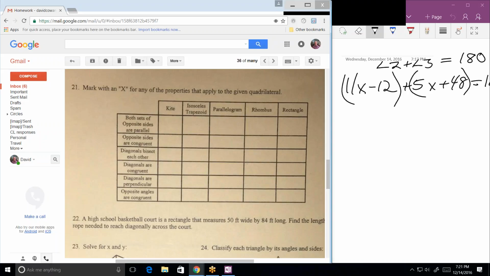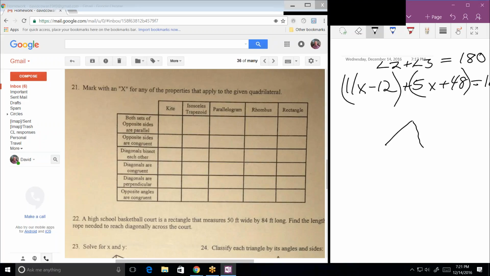Here, I'll draw a kite. And when you're drawing these figures, draw them exaggerated, like this. As opposed to this, which is also a kite, but I can't quite answer the questions as easily.